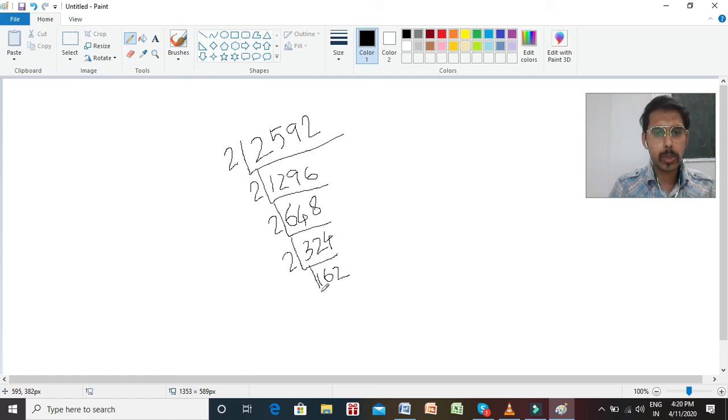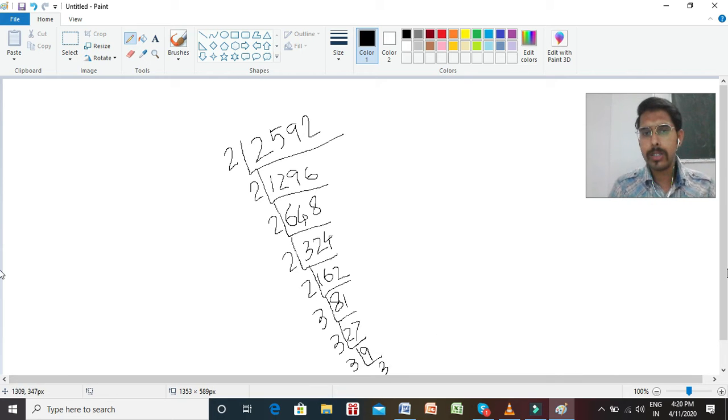Again we divide by 2, we get 81. Now we can't divide it by 2 anymore, so we start dividing by 3. We get 27. Again dividing by 3, we get 9, and finally dividing by 3 we get 3.